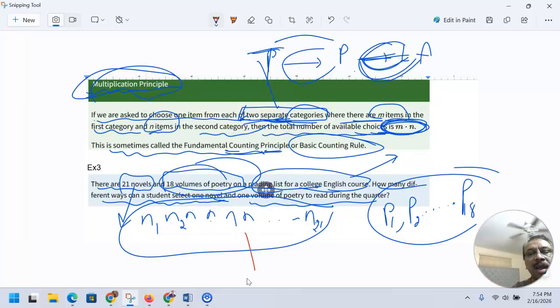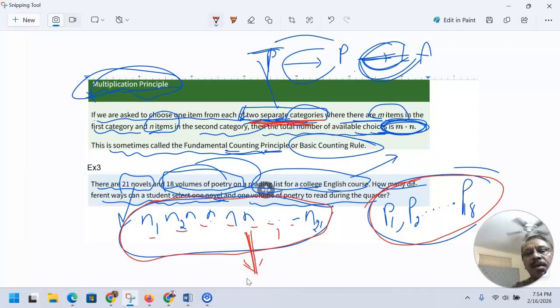So there are two separate categories. The first category is the novel, and the second category is the poems, poetry, sorry. So for the first one, what options do we have? There are 18 of them. So that means the M here is 18.